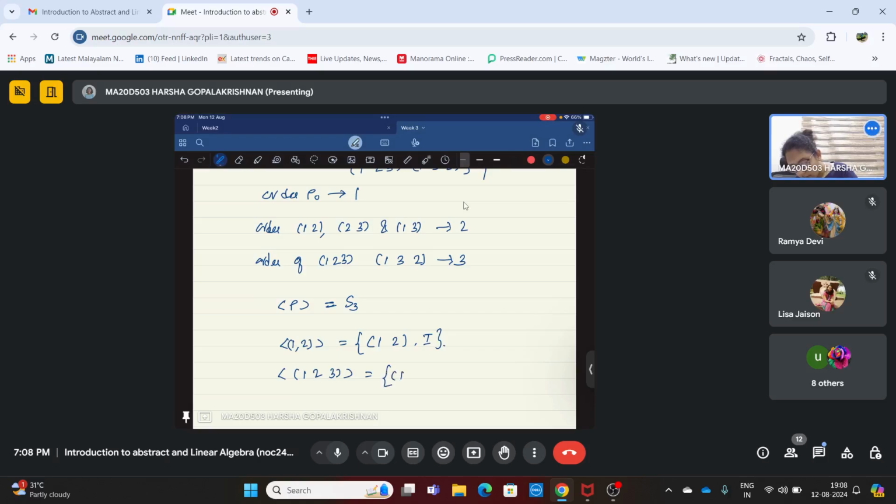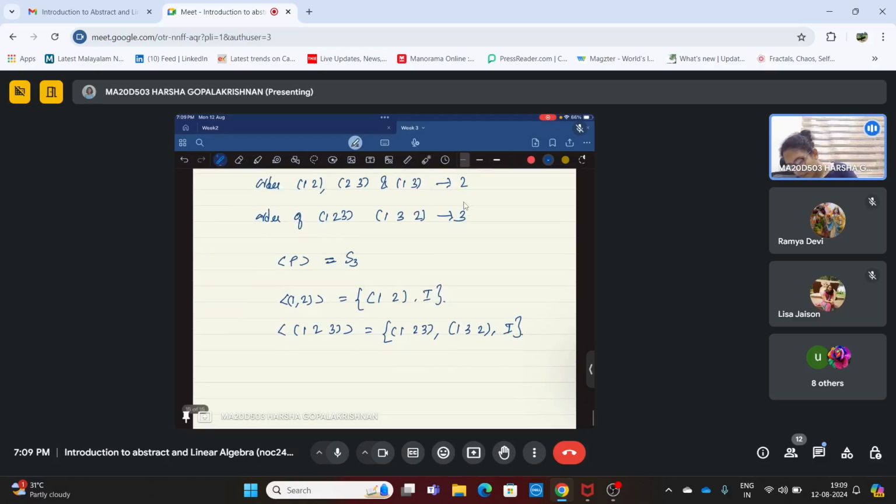First I will get (1 2 3), then I will get (1 3 2) and then I will get the identity. So 3 elements only. If I multiply again, I am going to repeat this process only. Again I multiply with (1 2 3), I will get (1 2 3), again (1 3 2), again the identity. So whatever element I am taking, I am not able to generate the whole S3, correct? So this is not cyclic. Or very easily, as we told earlier, since it is non-abelian, we can say it is not cyclic.